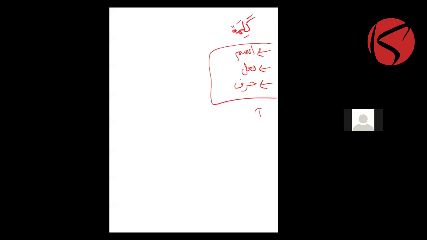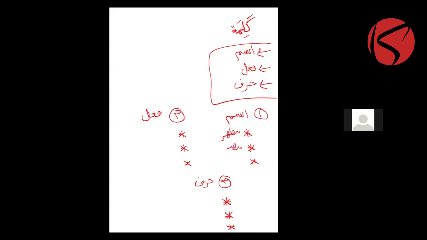Number 1, isim is 3 types. Fi'il, which is number 2, it's 3 types as well. And a third one is harf, and it's 3 types. Isim is isim mudhar.